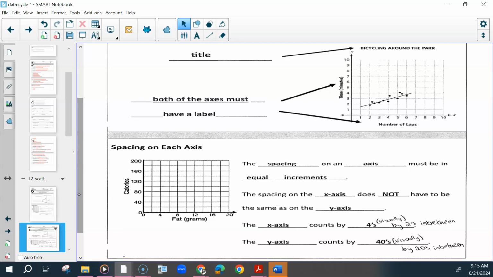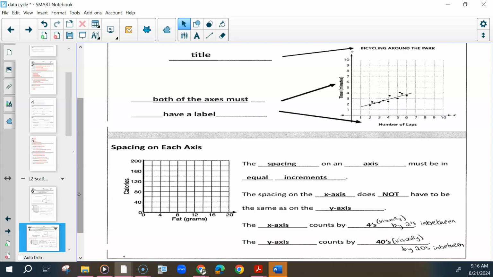And then when we start to create our own data and scatterplots, it's a little small, but I am going to read it out loud. The spacing on an axis must be in equal increments. However, the spacing on the x-axis does not have to be the same as on the y-axis. Here on the x-axis, on the bottom, visually, this is counting by 4s. I can see 0, 4, 8, 12.